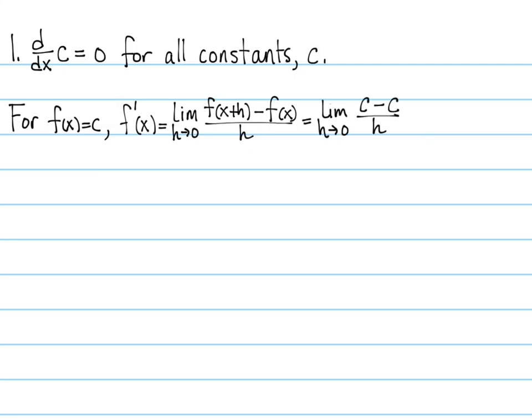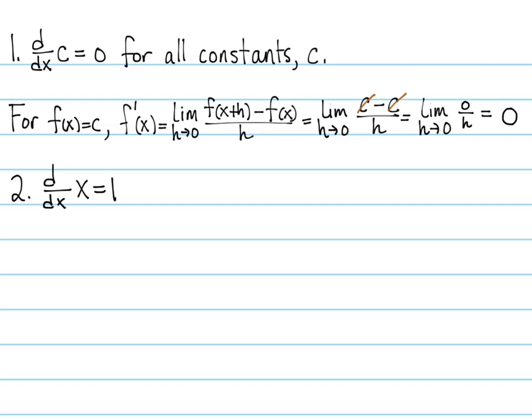And since f of everything is the constant c, we just get the limit as h goes to 0 of c minus c over h, which is the limit as h goes to 0 of 0 over h. Well, as long as h isn't 0, that function is 0. And so the limit of 0 is just 0. And so from that we can see that the derivative of all constants is 0. Well, that wasn't so bad.